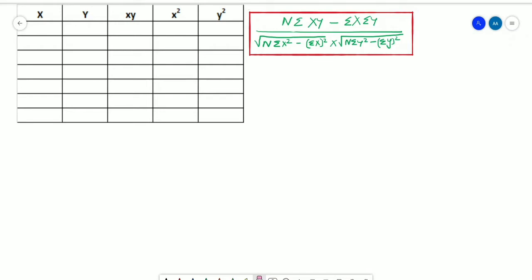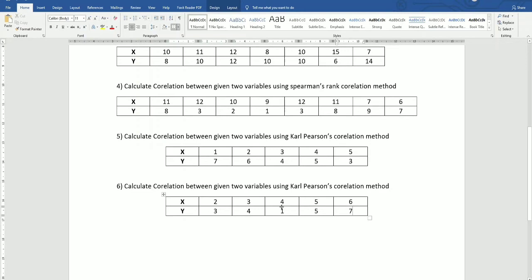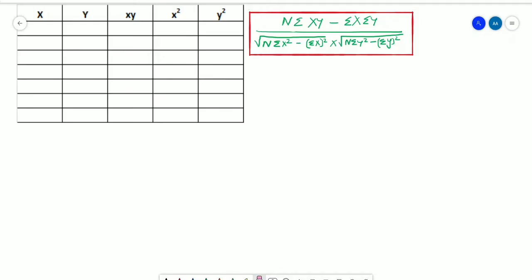Once this table is done, you will put the values of x and y in the table. So let us start the sum by putting the values of x and y in our table. So for x, I will be writing the values. What is the value of x?